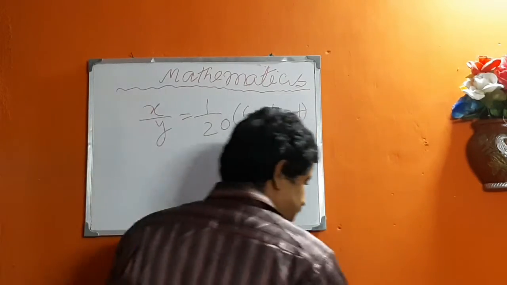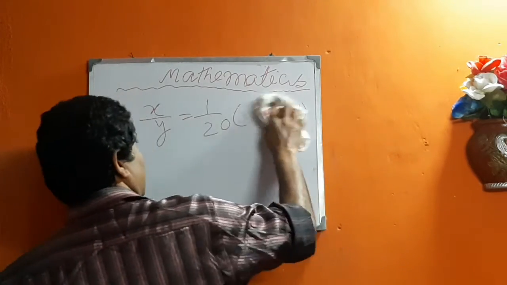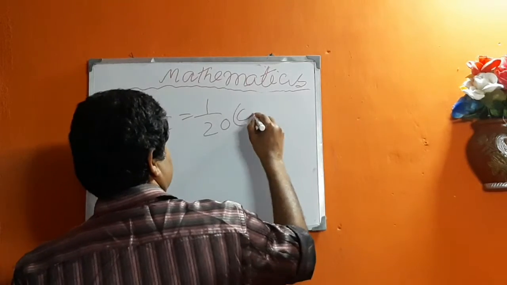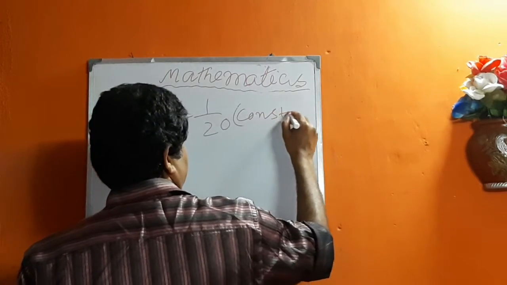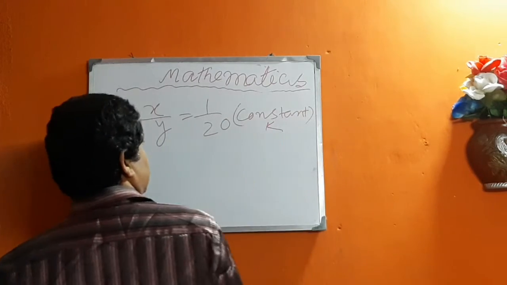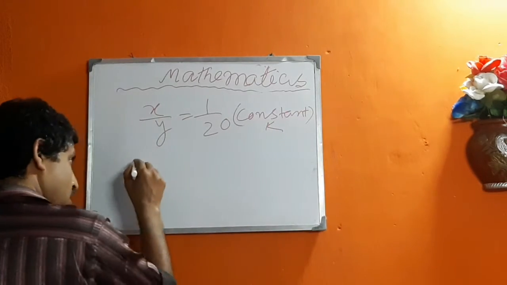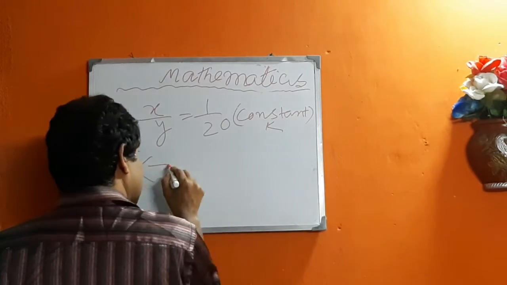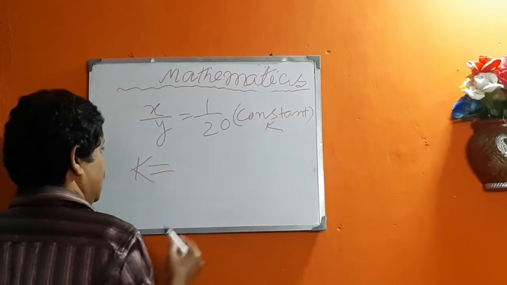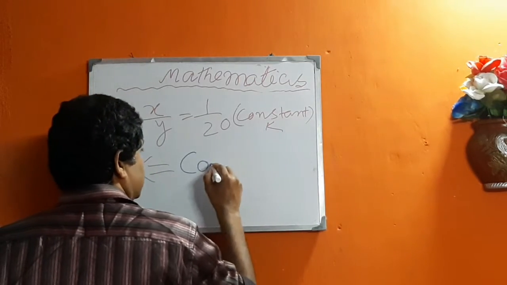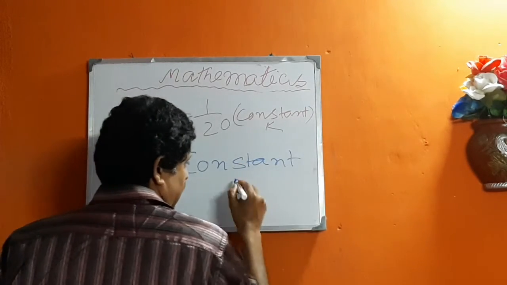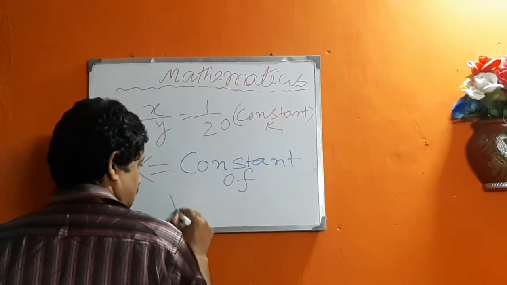Let it be k. This k is known as the constant of variation.